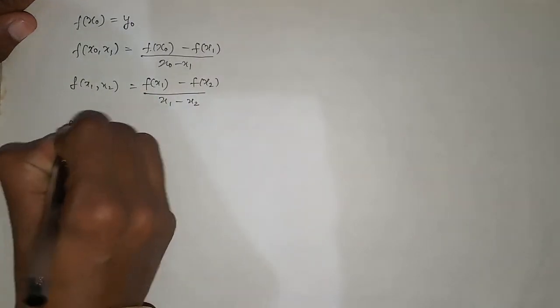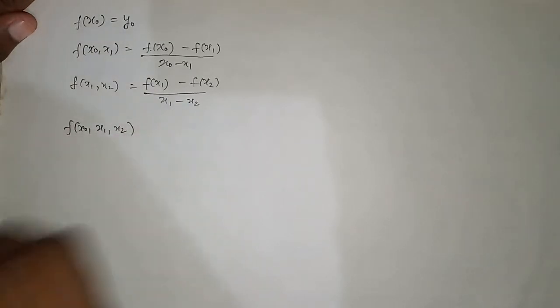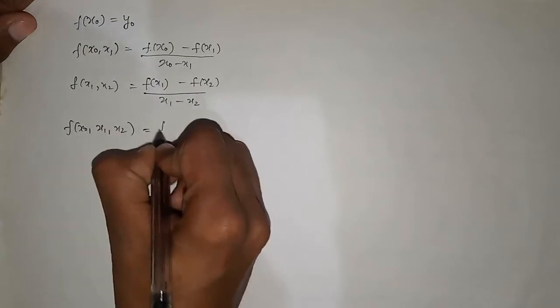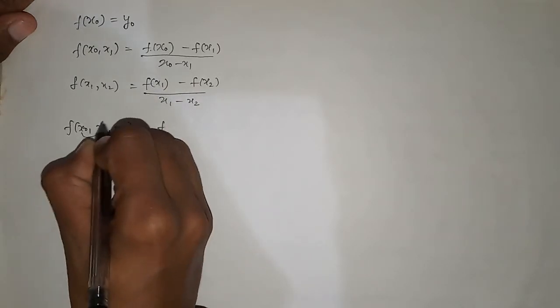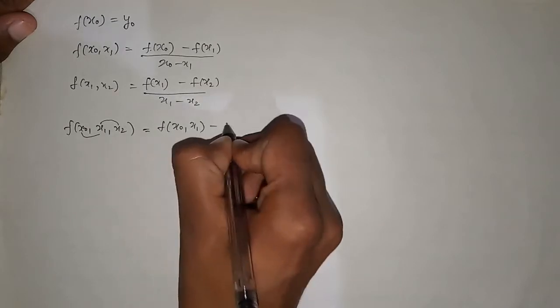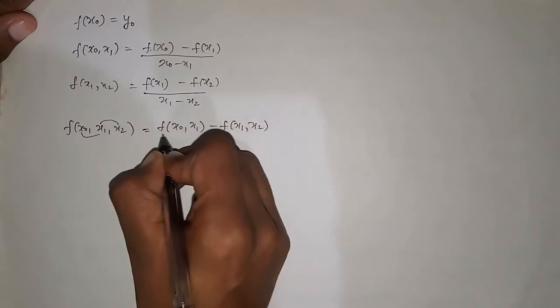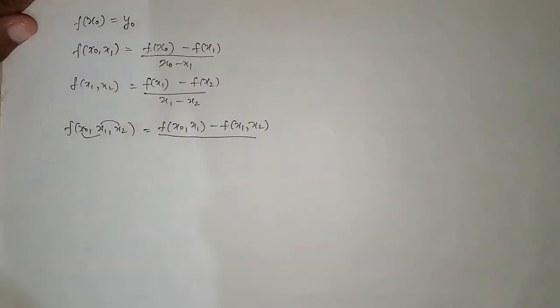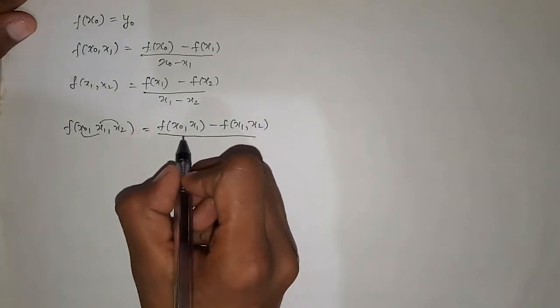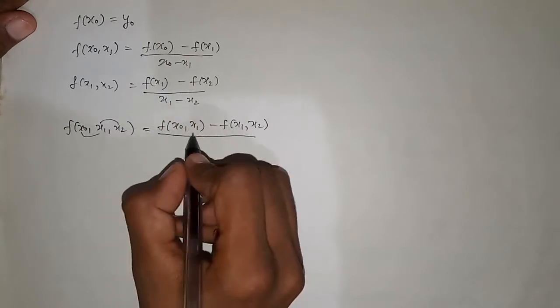So if we want to calculate f(x0, x1, x2), then what will we use? We will use this formula because in every step we are using the previous value. So for this we will write these two and then these two's difference. So f(x0, x1) minus f(x1, x2) divided by, here you have to take care of one thing, or you can derive this formula also from these values.